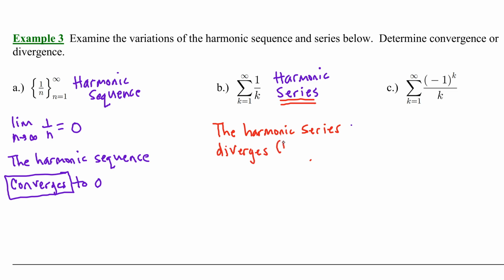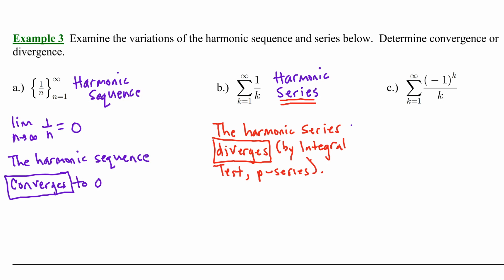You could show this by the integral test, or you could demonstrate that it is a P series that diverges. Both of those would be possible tests to prove that, and we've done both of those in the past. So it's kind of interesting. The harmonic sequence converges, but the sum of that sequence, generating the harmonic series, diverges.